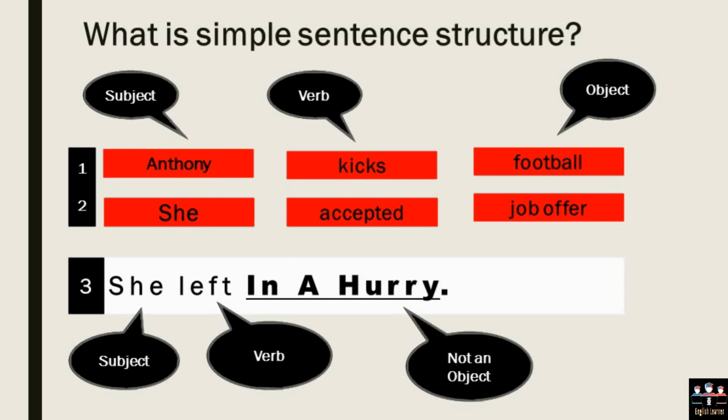In belongs to the preposition, whereas a is a determiner, or you may also say indefinite article, whereas hurry is an adjective. Whenever the sentence ends with an adjective or something other than a noun or a pronoun, we may say that it does not belong to the category of an object. So in this sentence, in a hurry is not an object.